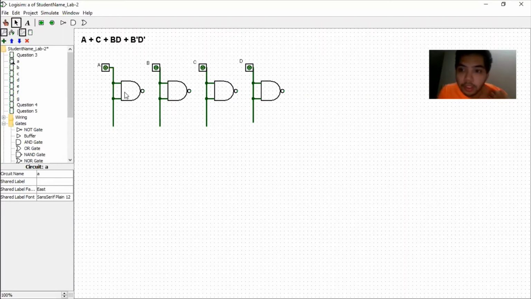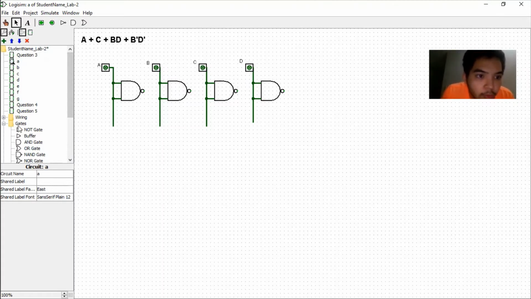So now we're going to construct the circuit. For A, these are the inputs, connected to a NAND gate so that we can have the inverse.